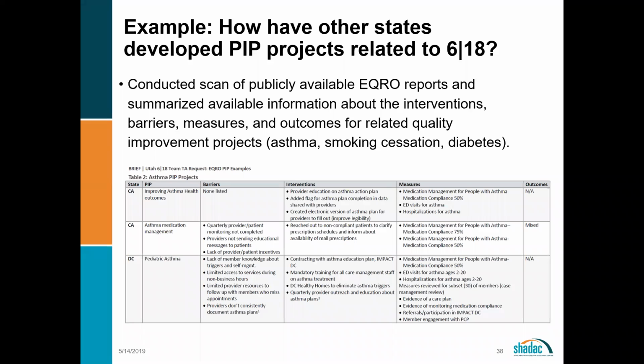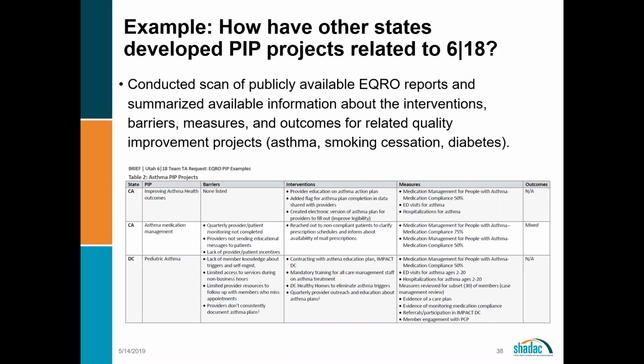Information about performance improvement projects that MCOs undertake is typically included in what are called external quality review organization reports. So what we did was we scanned for all publicly available reports that had some relationship to a 618 intervention. And what we found were primarily those related to asthma, smoking cessation, and diabetes prevention.